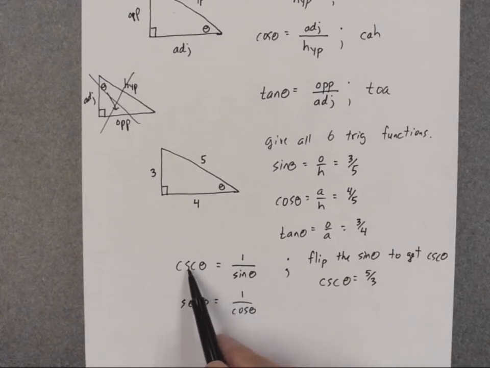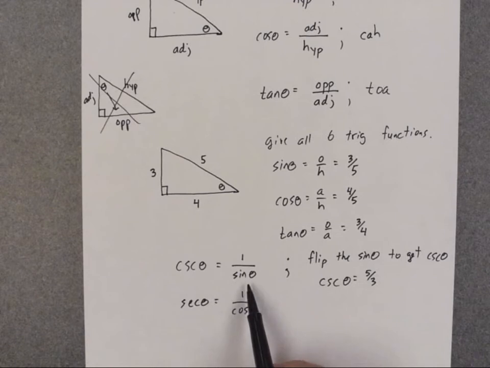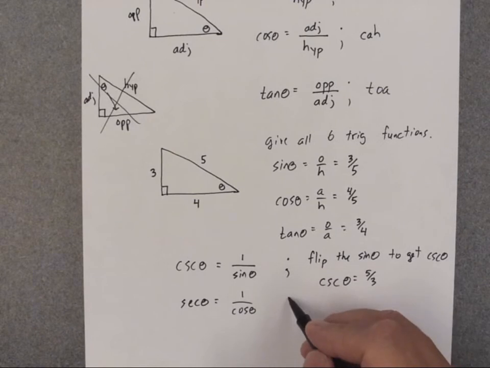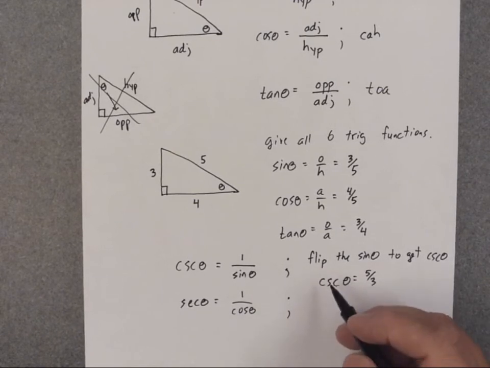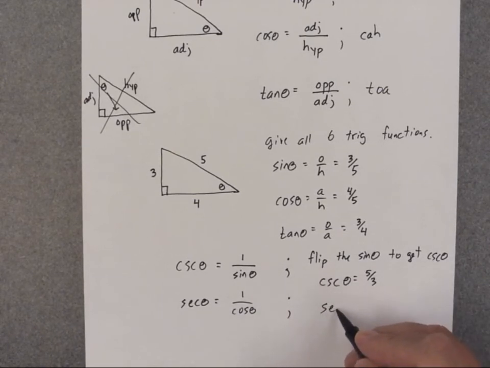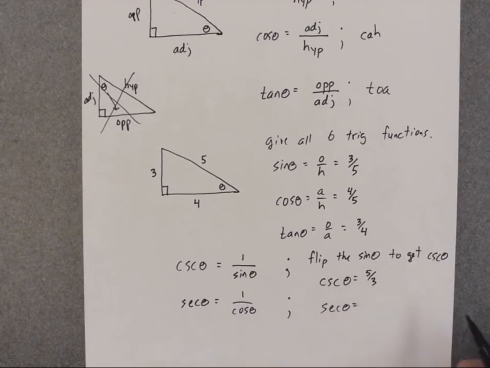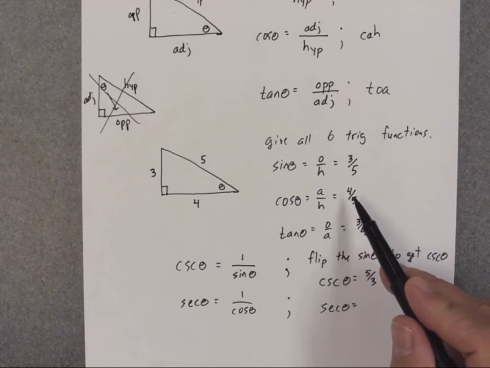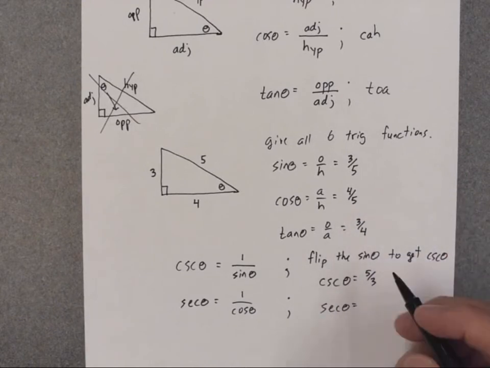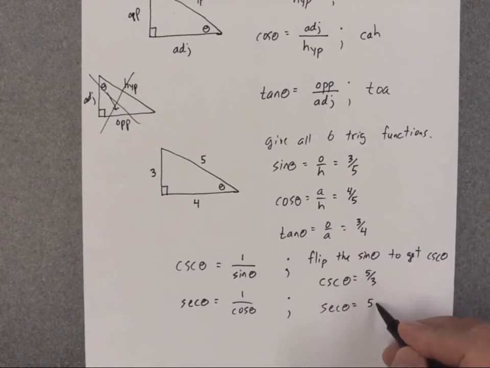Up here, the cosecant and sine are inverses of each other. Well, in the same way, the secant and the cosine are inverses of each other. So if I'm trying to figure out the secant, all I have to do is see what I got for the cosine and then flip it. The cosine was 4/5. If I flip it, it's 5/4.